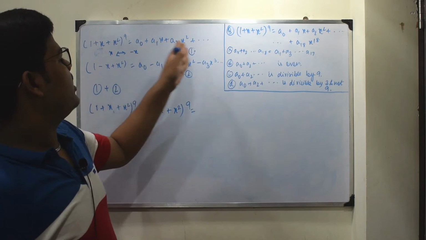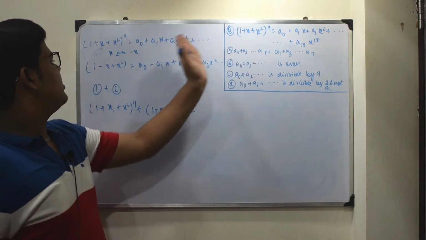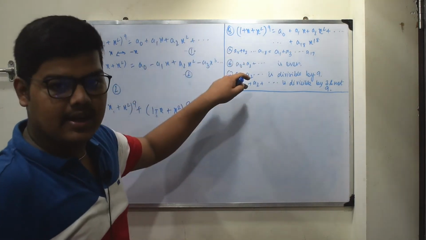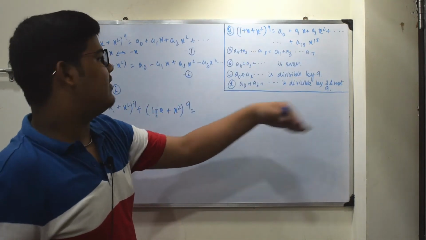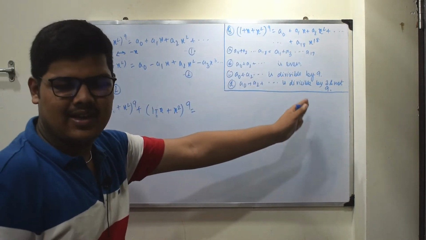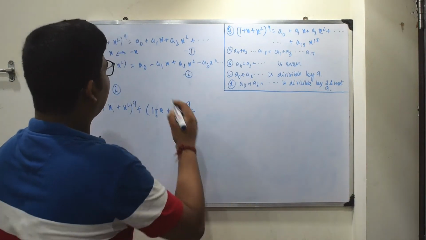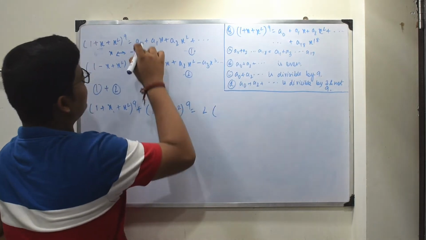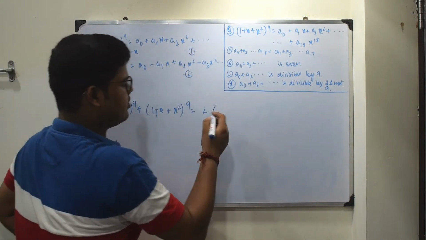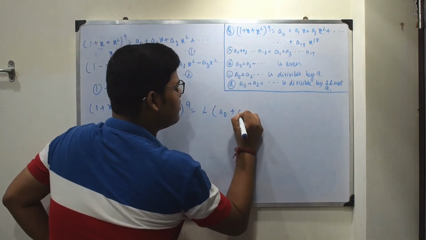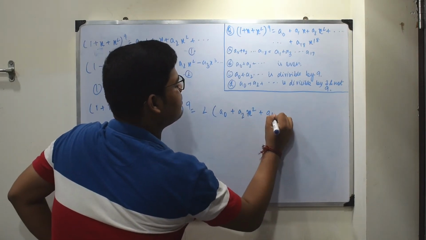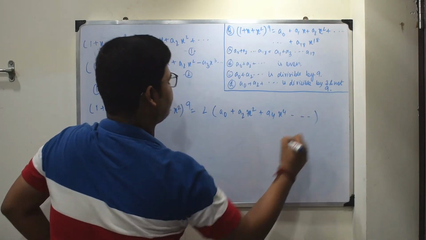So the odd terms consecutively get cancelled, like a1x, a3x cube, a5x to the power 5 till a17x to the power 17. We will be left with 2 times of, because a0 is coming twice, a2 is coming twice, so 2 times of a naught plus a2 x square plus a4 x to the power 4 dot dot dot.